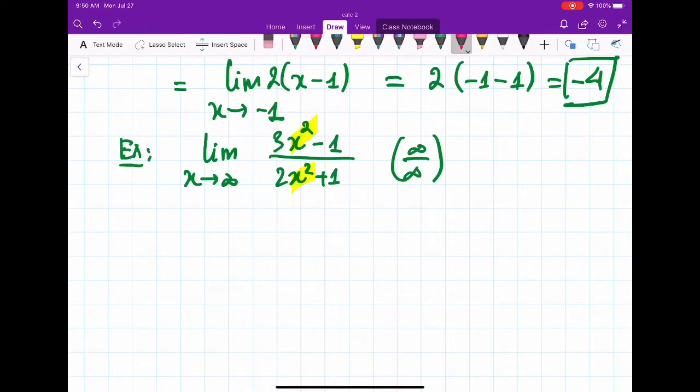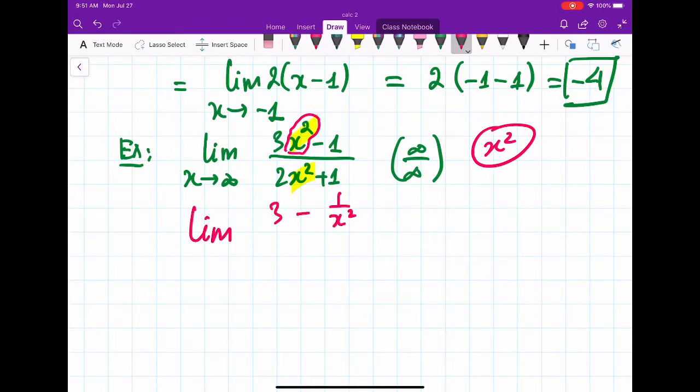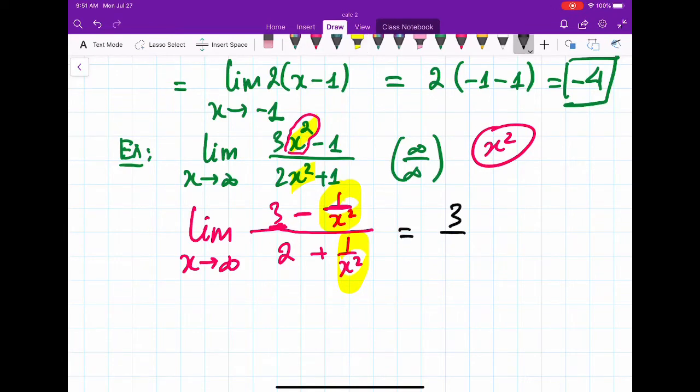I pick the term with the highest degree, right? In this case, x squared. Okay, so I have 3 minus 1 over x squared. We don't have x squared in here because we already divided, right? And of course, we divide the top and the bottom. I have 2 plus 1 over x squared when x approaches infinity. And now this term and this term approach 0. So we have the limit is 3 over 2.